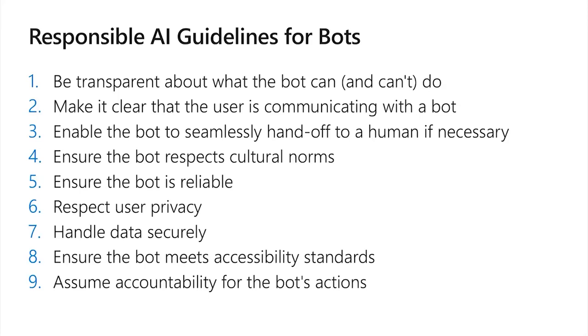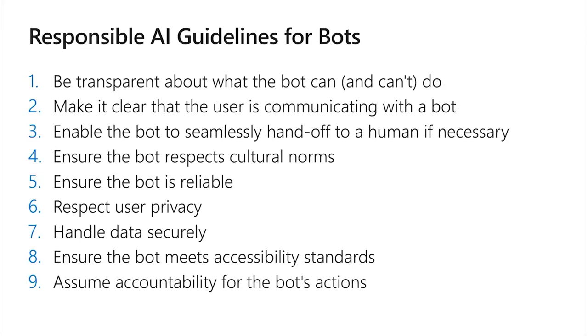You should follow security best practices appropriate for the type of data that your bot will be handling. There's, of course, a difference between sensitive and insensitive data, and whether the data is personal or not. Ensure the bot meets accessibility standards. Bots can benefit everyone, but only if they are designed to be inclusive and accessible to people of all abilities.